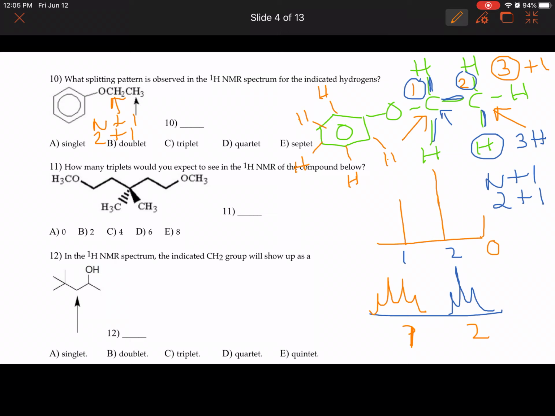How many triplets? Okay, so this is a molecule that is not showing you hydrogens, but we do have hydrogens on these positions. Okay. How many triplets do you see? Triplet means the neighboring carbon carrying 2 hydrogens.